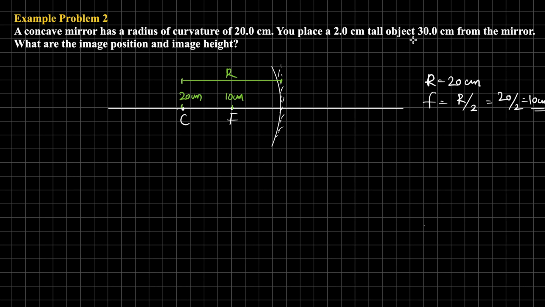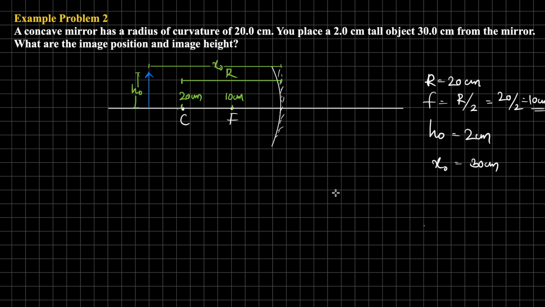Now we are placing the object 30 cm from the mirror. So my object is somewhere here. The height is 2 cm. Height of the object is 2 cm. And the object distance is 30 cm. This is xo. xo is 30 cm.